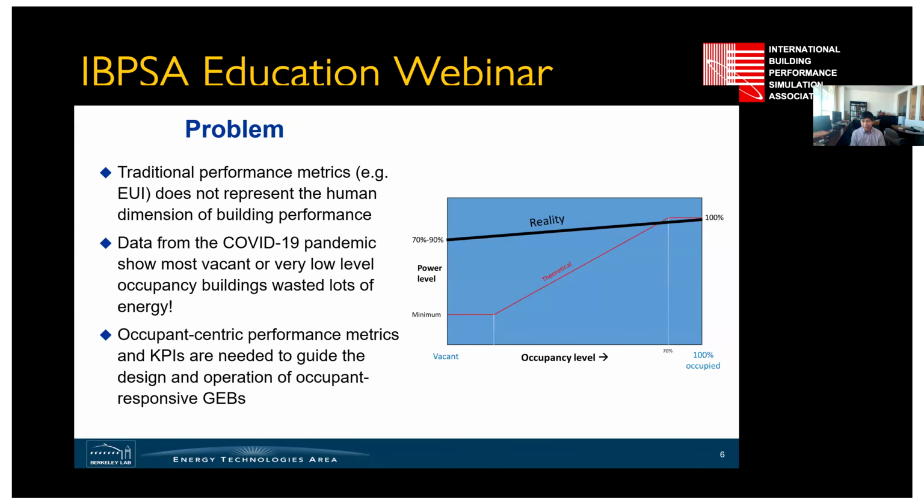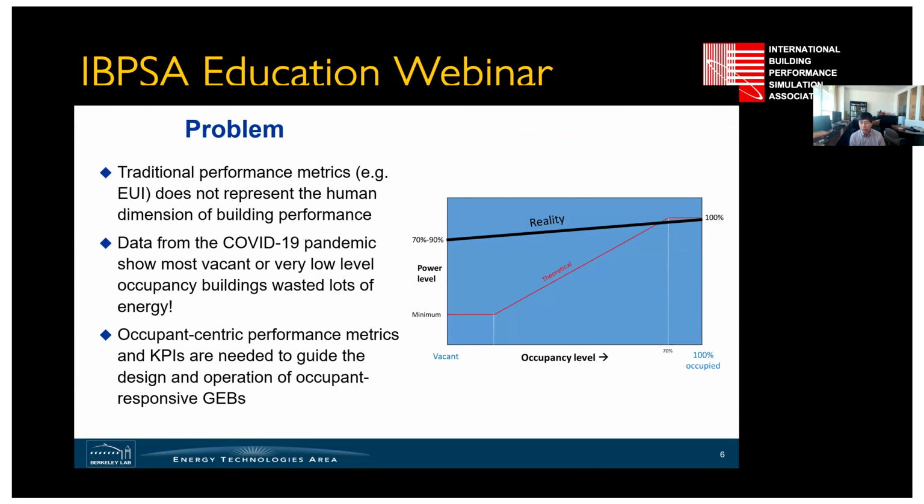So theoretically, if we think, for example, residential buildings and office buildings represent the services that occupants need, then we would like to see a theoretical correlation between the occupancy level and the building's power demand, as the figure on the right illustrates. So basically, there will be a certain minimal occupancy level, then your building's energy consumption starts to stabilize, getting to the minimum.